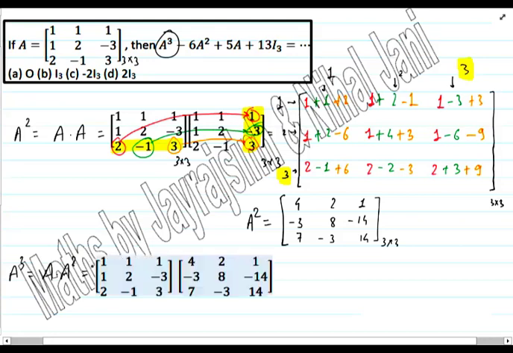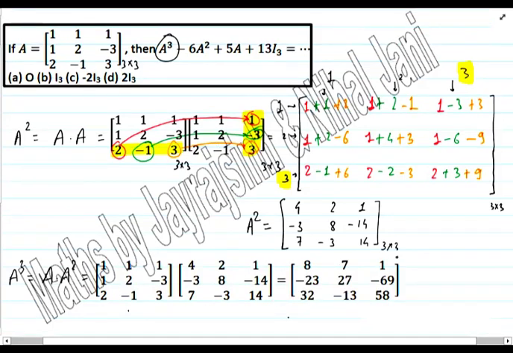So let's multiply A with the A square, and hopefully you will get 8, 7, 1, minus 23, 27, minus 69, 32, minus 39, 58. So we are ready to find A cube minus 6A square plus 5A plus 13I.